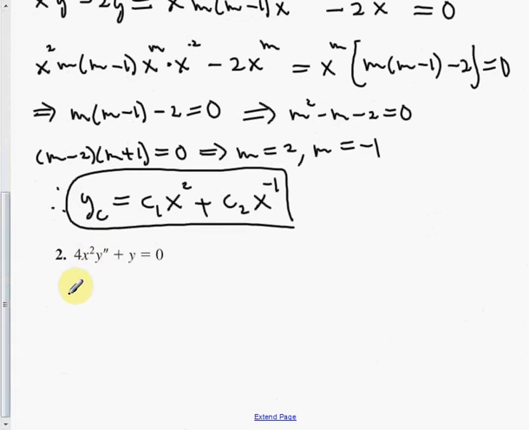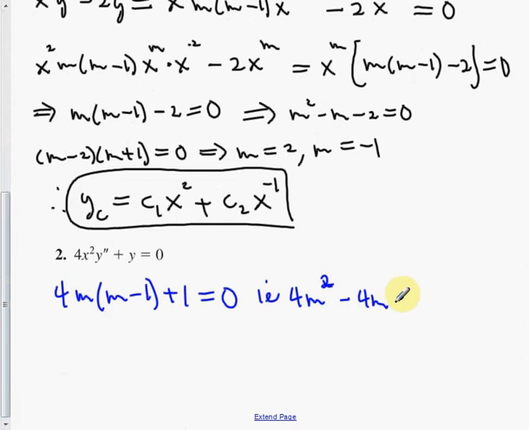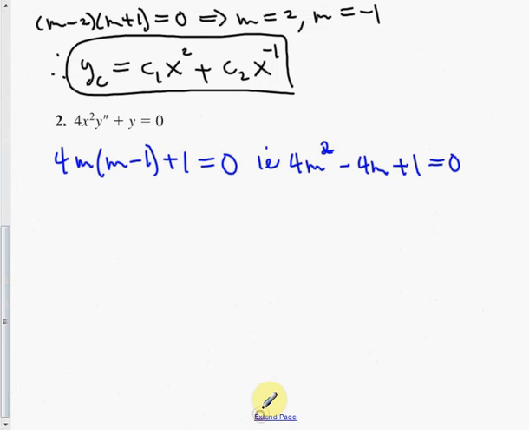Look at this problem right here. This is going to be simply 4 times, y double prime, so m times m minus 1, plus, here if it's y, just write 1, plus 1 equal to 0. So this is 4m squared minus 4m plus 1 equal to 0.